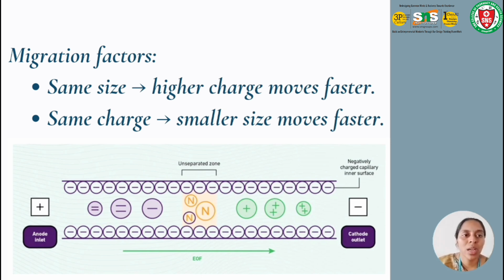Since all components have the same charge, they can be separated based on their size. The small size component will reach the cathode outlet first because of its charge and also because of its size.